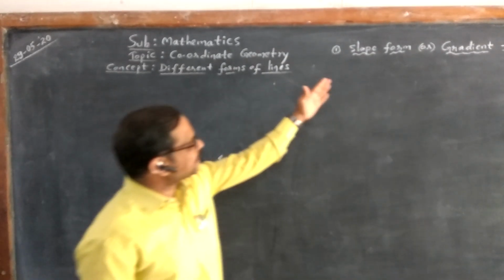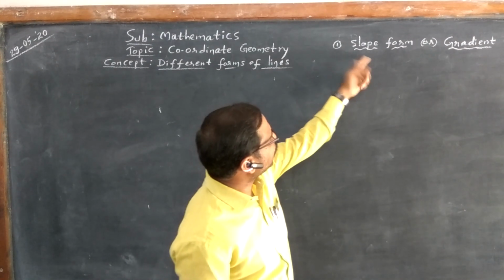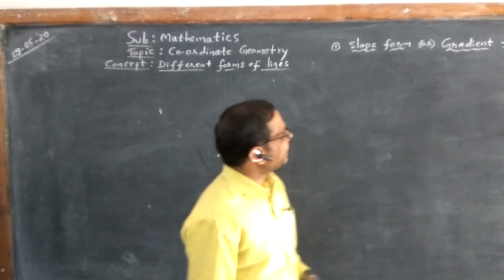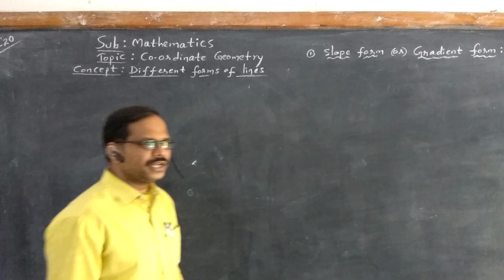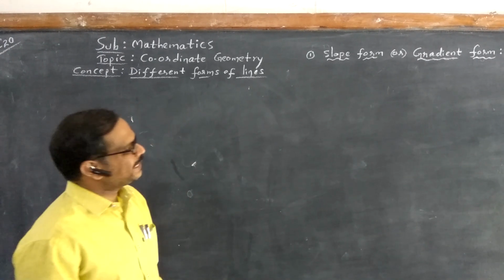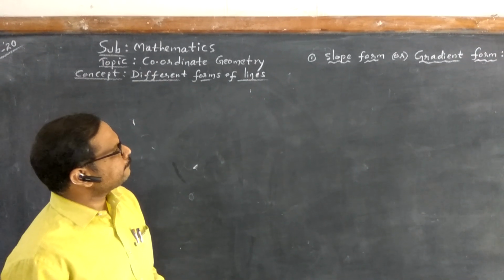First form of the straight line is slope form or gradient form. Yesterday I told you about slope. It is denoted by small m.